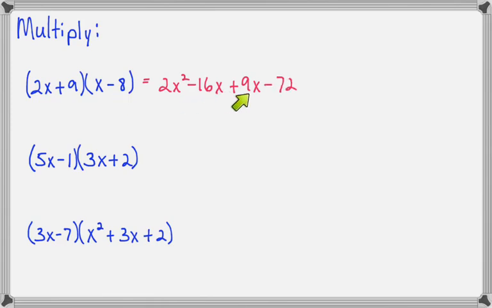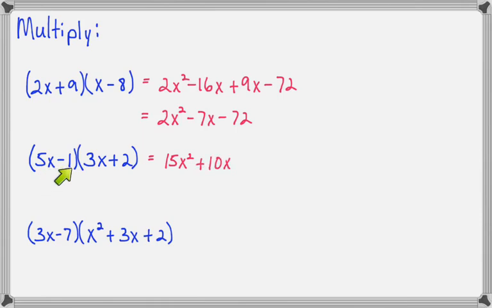Now when I look at my two middle terms, I see that negative 16x plus 9x could be added together to give us negative 7x. And here is our new polynomial. Now let's multiply 5x minus 1 times 3x plus 2. 5x times 3x will give us 15x squared, and 5x times 2 will give us 10x.